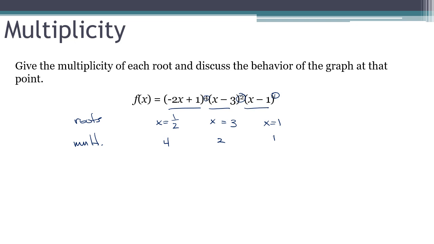And that gives me all the information that I need to talk about the behavior of the graph of the polynomial at each of those intercepts. At x equals 1/2, it touches because 4 is even. 2 is even, so it touches here as well. And 1 is odd, so it's going to pass through the x-axis at that intercept.